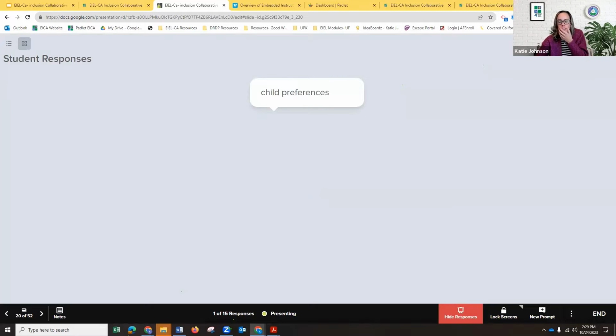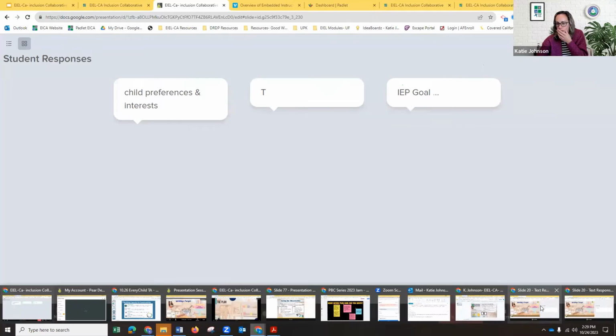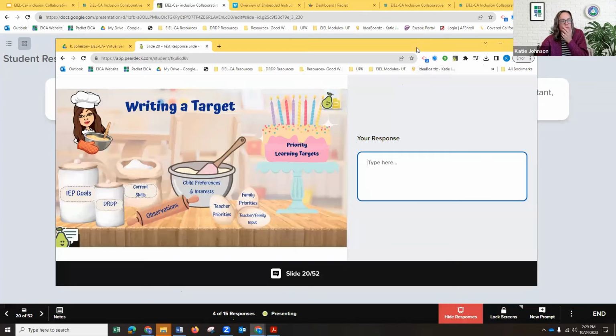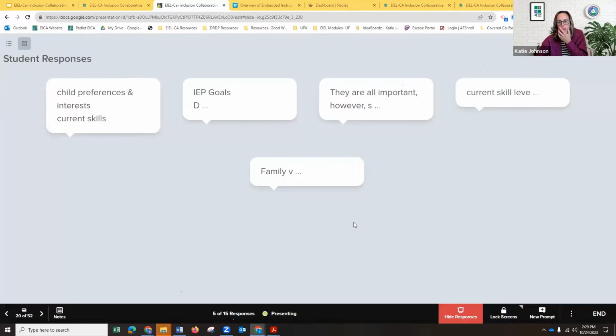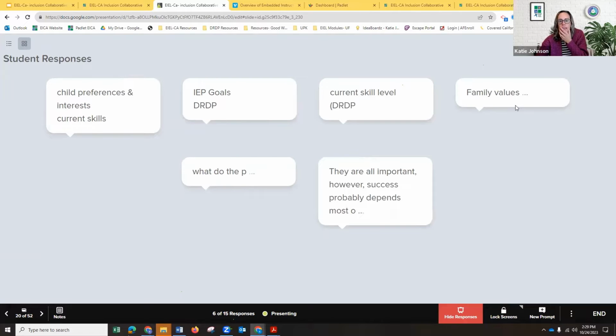Child preferences, that is great. I think that is a truly important one. IEP goals, yep. Family values. I think that one's so critical.